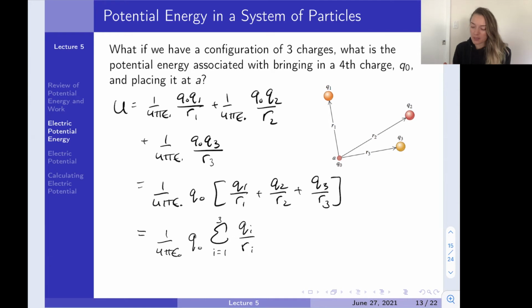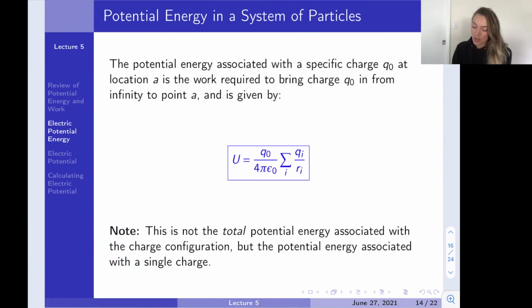And now, as you might be able to guess, you can write it like this for any number of charges. No matter how many charges I had, if I had 100 charges sitting there already, I would just add up the contribution from each individual charge with my Q0.